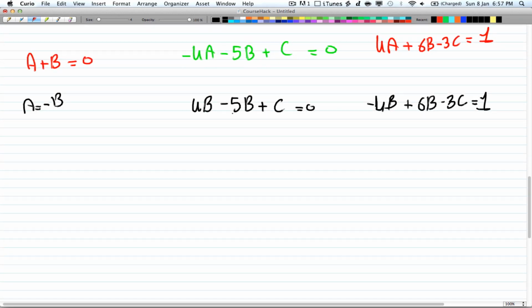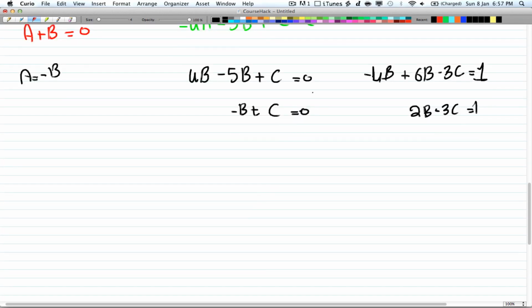And if you add them up, you should get minus b plus c equals 0. And here you'll have 2b minus 3c equals 1. Alright, so now we have minus b plus c equals 0 and 2b minus 3c equals 1.